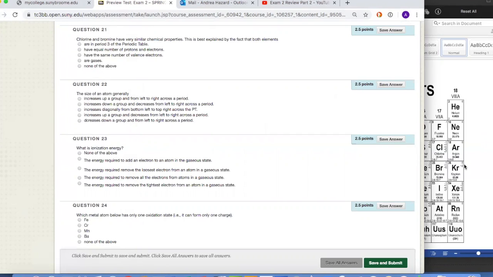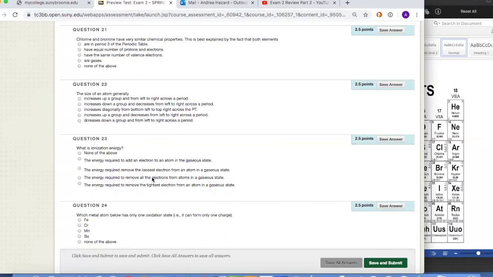That is not true because it basically increases going down the table and decreases across. Increases up a group, and again, that's not going to be correct because we know that it increases down a group. Decreases down a group, and that's essentially the same as increases up a group. So it's the second choice here.